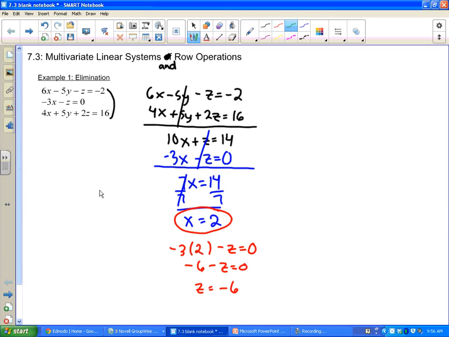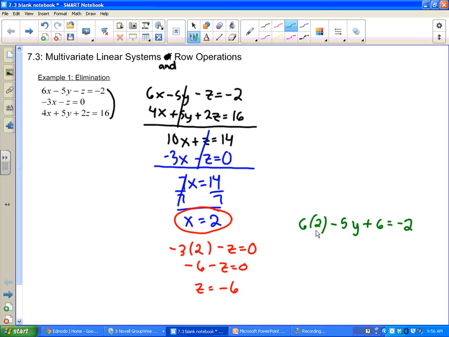So to do that, I have to go all the way back to one of my first 2 equations, or any equation that has 3 variables, and I have to plug in both of these numbers into it. So I'm just going to pick the first one. Neither of them look like they'd be easier to deal with. So 6 times 2 minus 5y minus a negative 6. Well, that's a plus 6 if I'm minusing a negative 6.